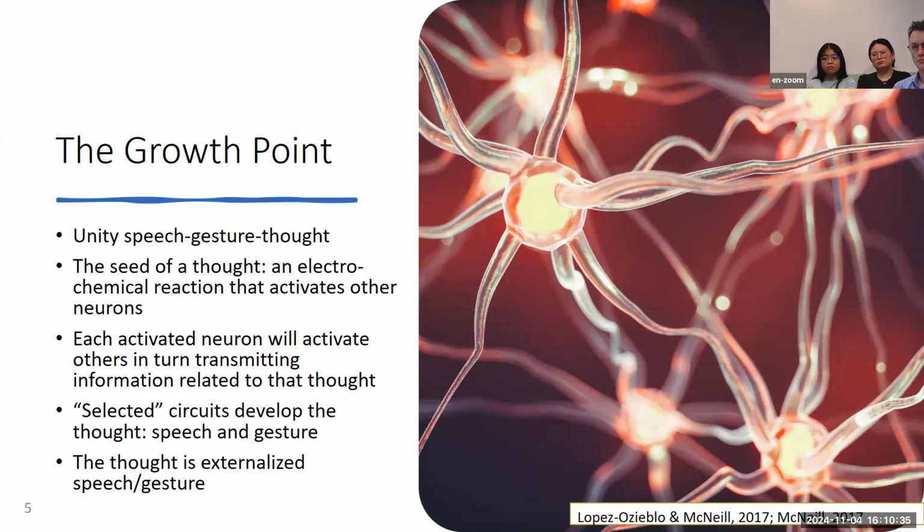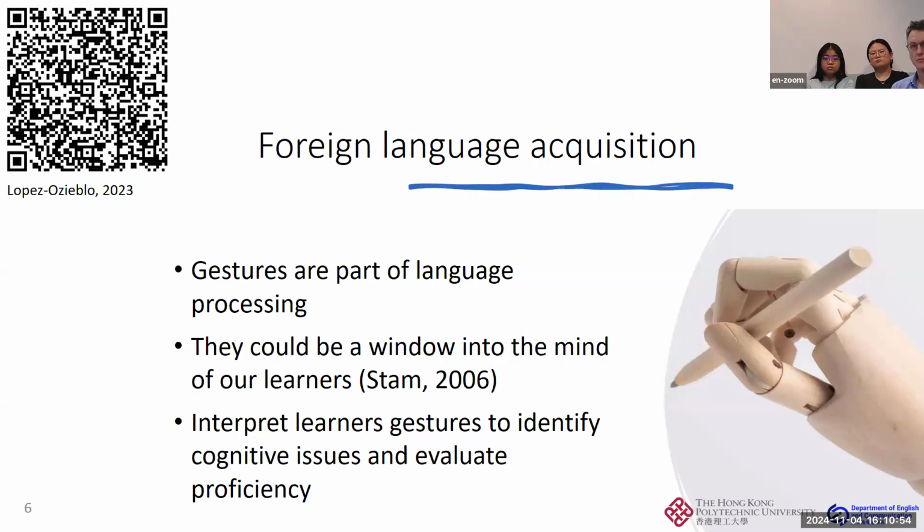And as you externalize it, as you share the thought, you are also going to be using some of those experiences through your hands. So the thought is externalized via speech, gesture, both of them, or maybe just one or the other, depending very often on the context.